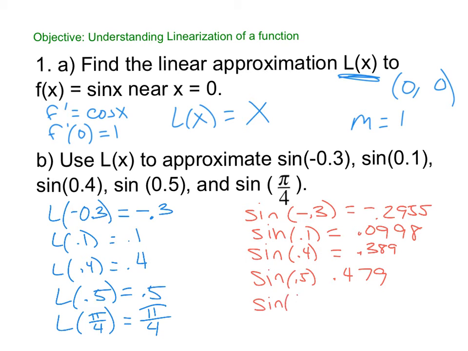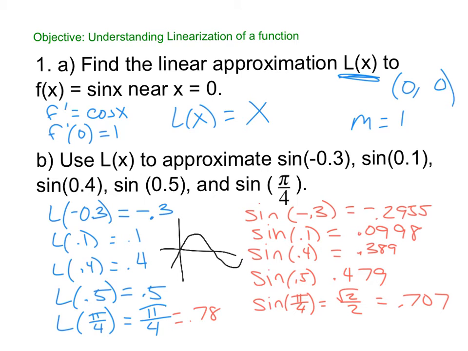And sine of pi over 4, we should know, is root 2 over 2, which is 0.707. And then pi over 4 as a decimal is 0.78. But that makes sense because as we get farther away, if we look at the sine curve and then we have our tangent line, the farther away, the bigger the gap is going to be between the curve and the line.